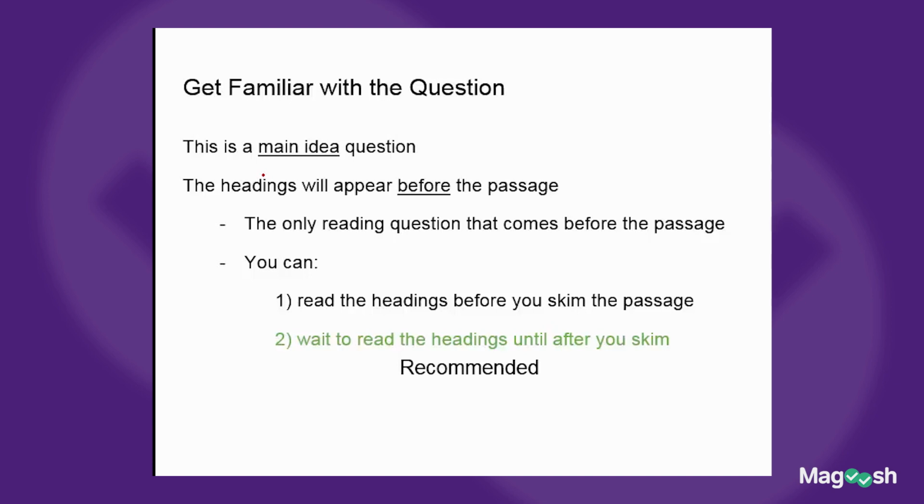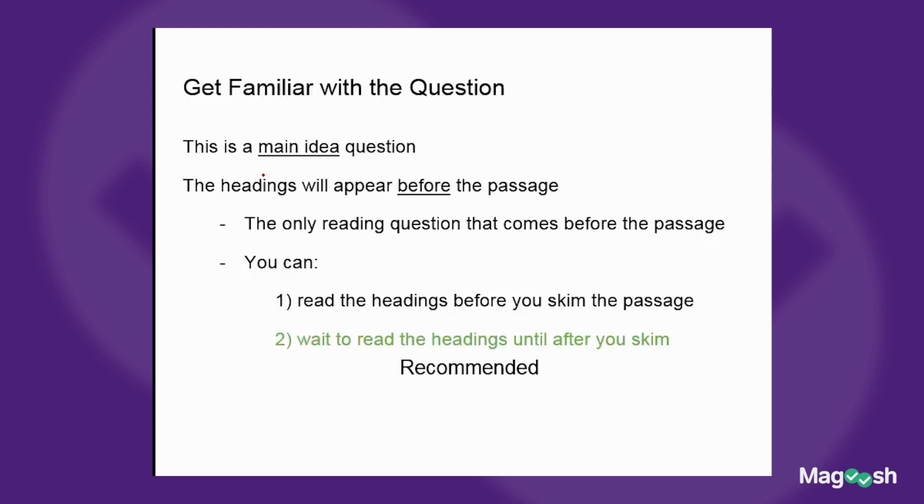The reason is some of the headings are not correct. Some of them are incorrect answers. And so in one way, it's kind of a waste of time to really spend a lot of time reading over those before you get to the reading passage. But my other concern is that when you read those first, it could affect the way you skim through the passage.